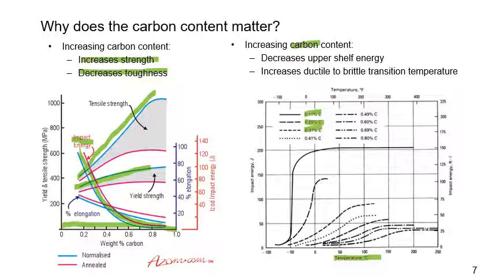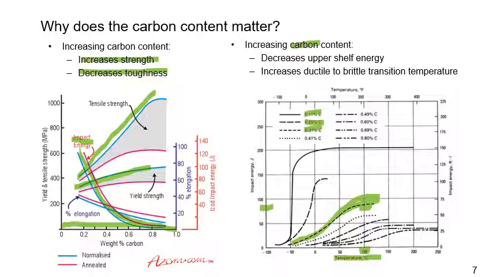What's that mean? So if I look at this 0.31% carbon steel, I see that if I have that steel at 100 degrees Celsius, it's going to absorb somewhere around 80 or 90 joules of energy. That's good. That's tough. We like steel that is tough, can absorb energy, and will not fracture easily.